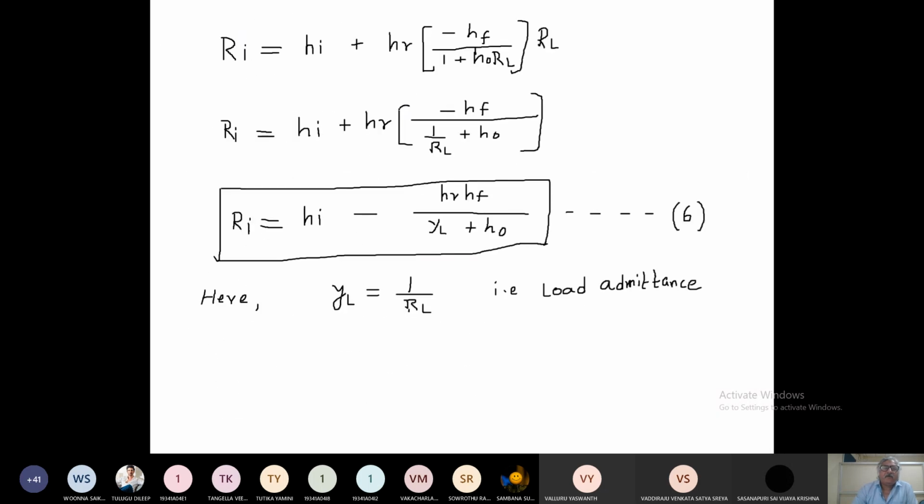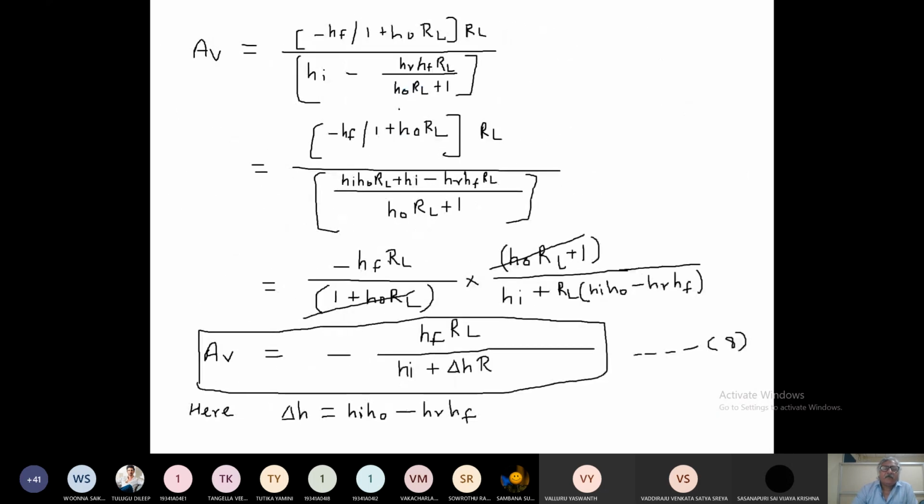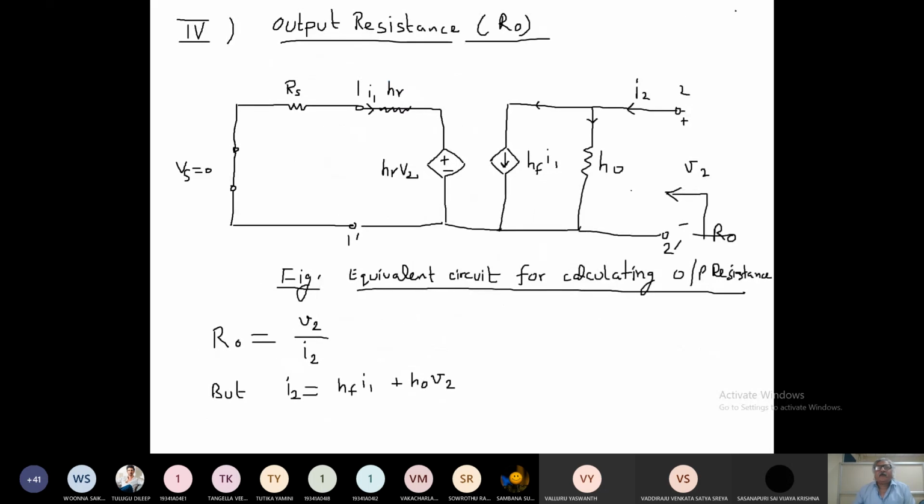Same we have used here. You get this from the figure itself by applying Kirchhoff's current law, so it is H naught into V2 and HF into I1. This we will put in the above equation.